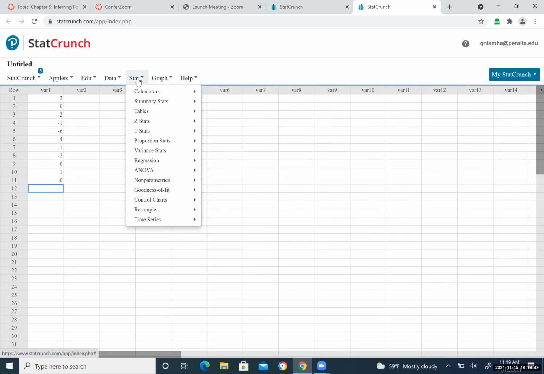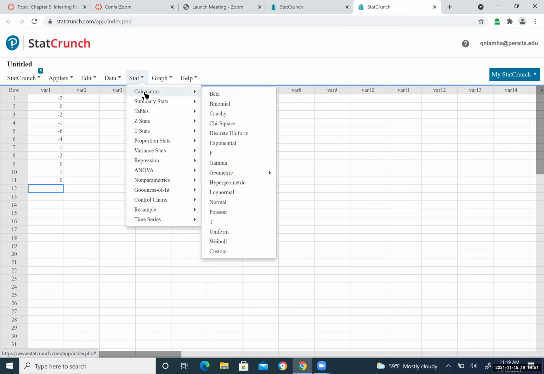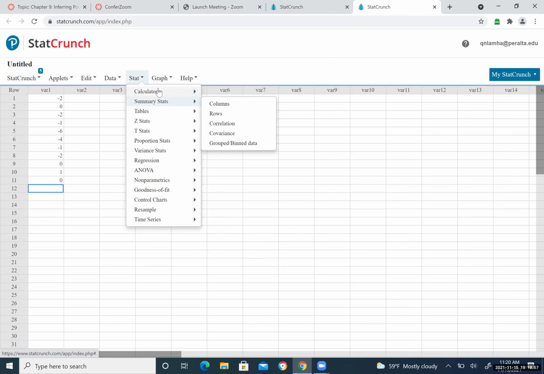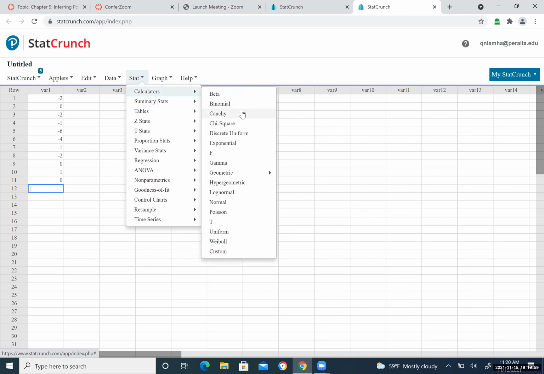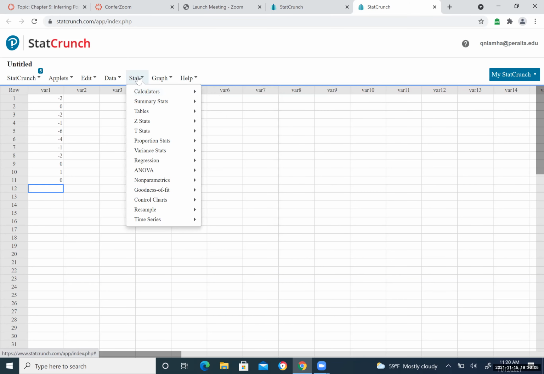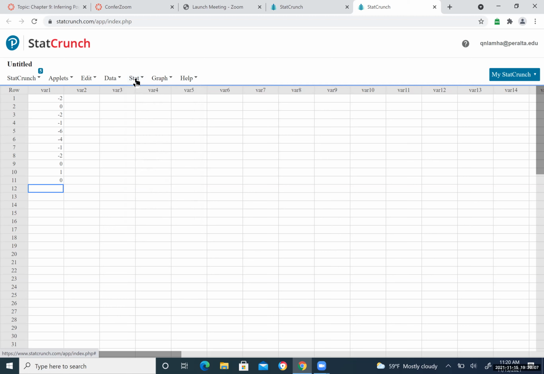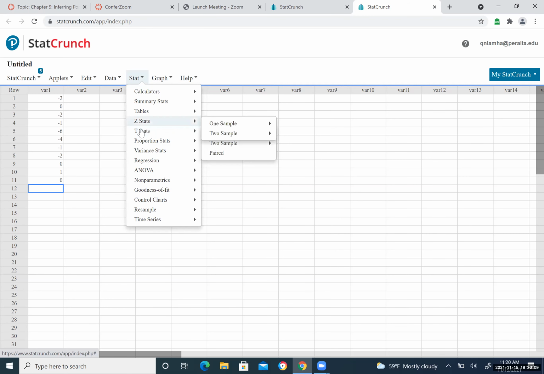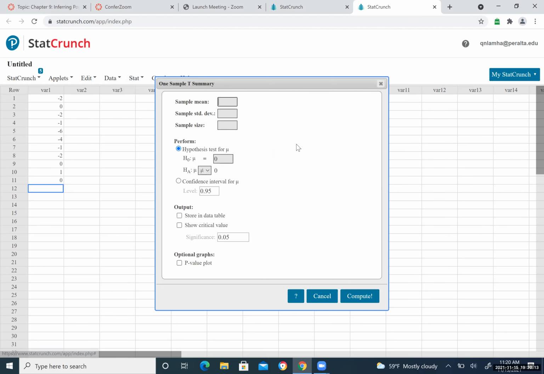So next, you're going to go to Stat, Calculator, one sample T. Let me try this. T is that one sample. Sample summary and sample mean. Okay.